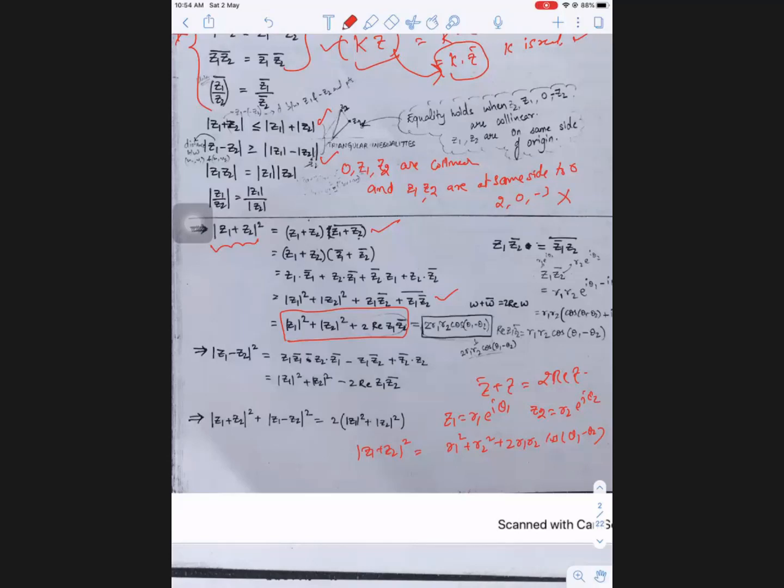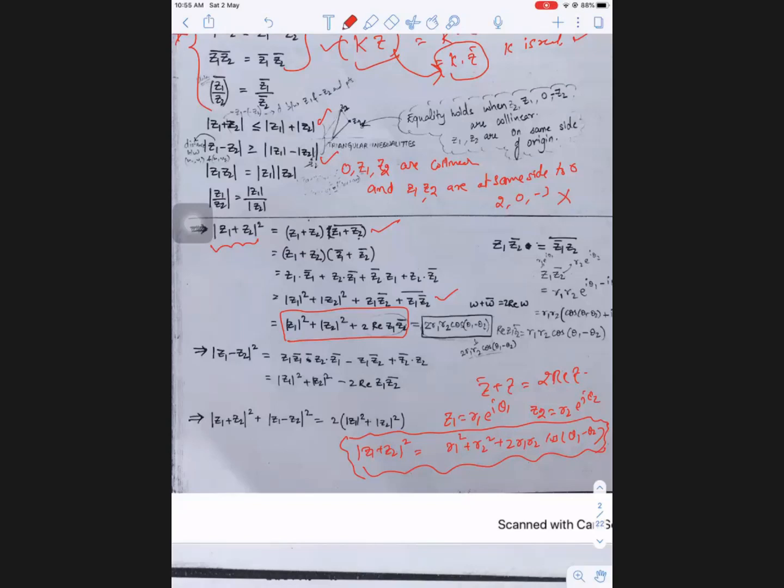If you multiply that, you get R1 R2 into cis (theta 1 minus theta 2), whose real part is cos (theta 1 minus theta 2). So this is our third formula. Depending on the problems, this is useful for us. Same logic: if you take minus, here also you'll get a minus before the R1 R2 term. Meaning mod of (Z1 minus Z2) whole square, if you take, you will get Z1.